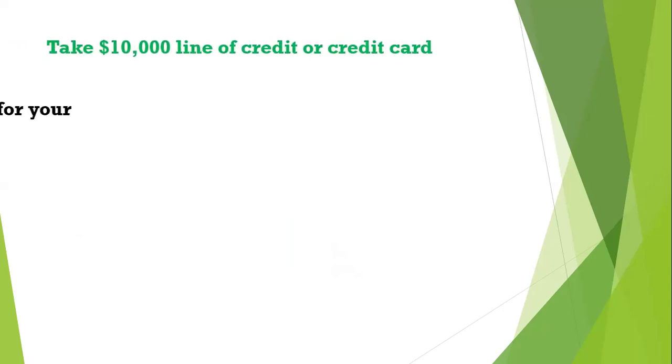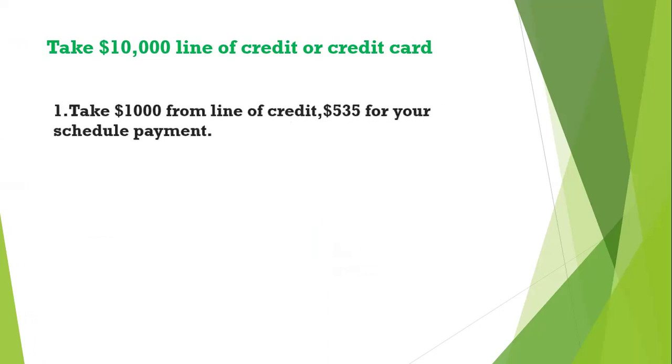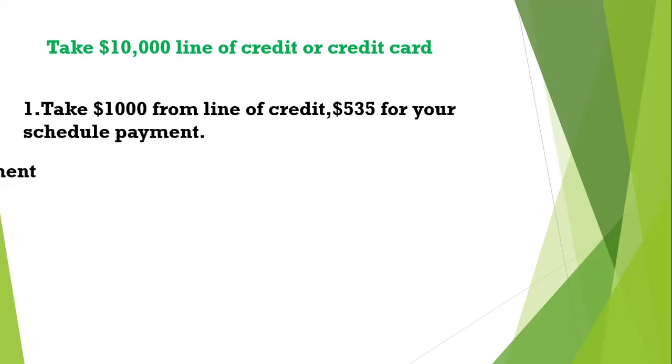It might take like two to three sessions of doing the same activities. So if every month you take $1,000 from the line of credit, 535 is for your scheduled payment, right?